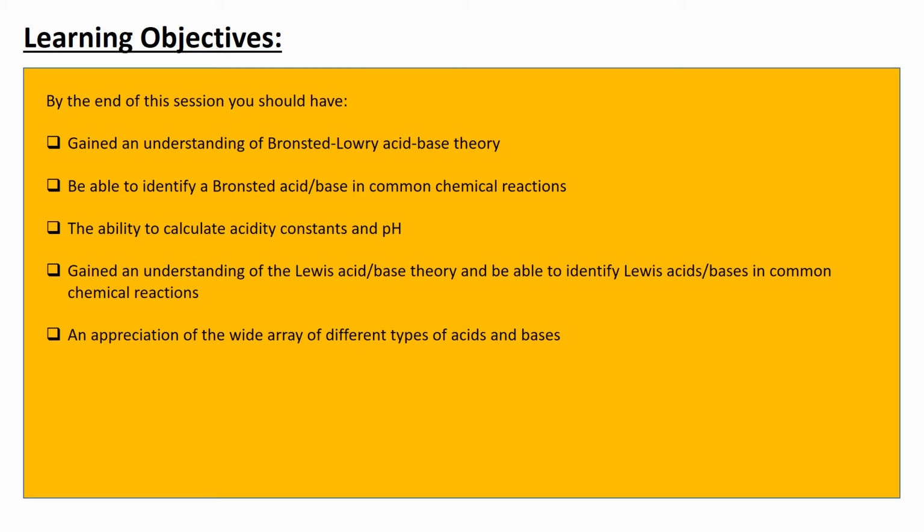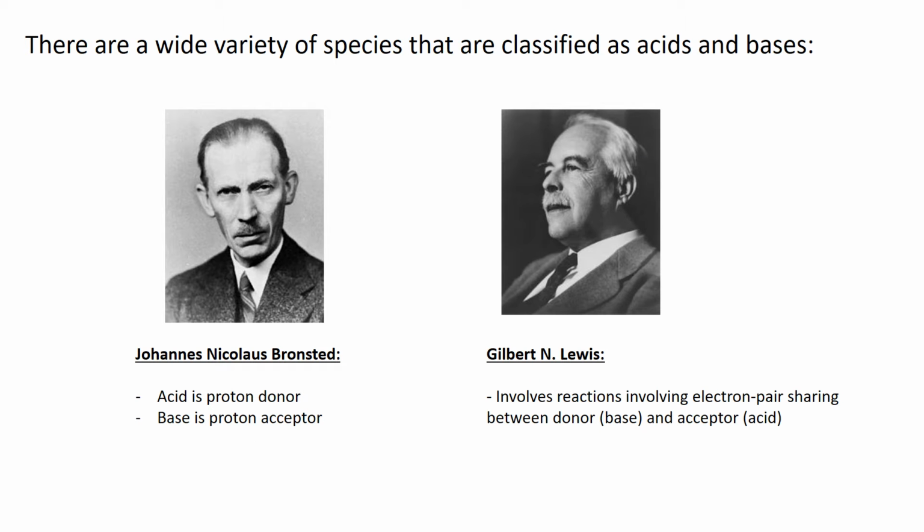But of course, there are lots of other compounds out there that fall under the definition of an acid and base, but might not look like an acid or a base under initial inspection. So we classify a wide variety of species as either an acid or a base.